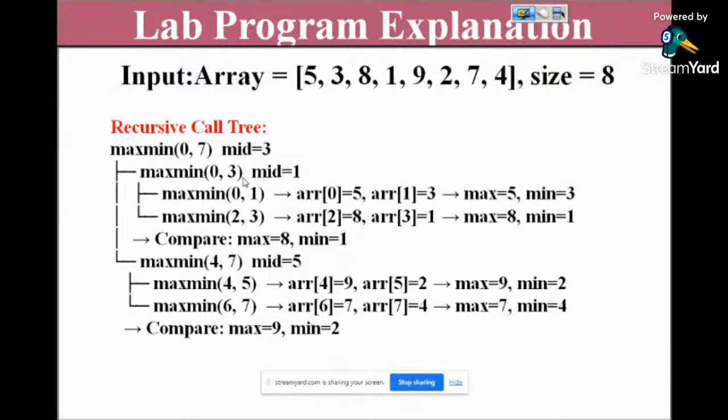Before the recursive call tree, execution will resume now. Now if the condition is there, when you check the condition, the final comparison is max 9, minimum is equal to 1.